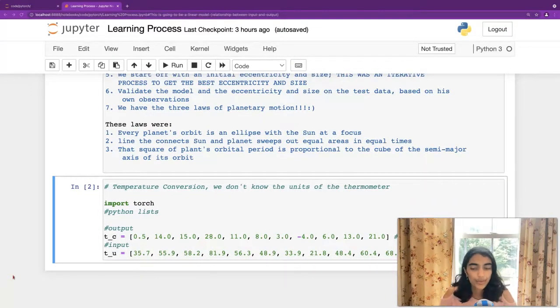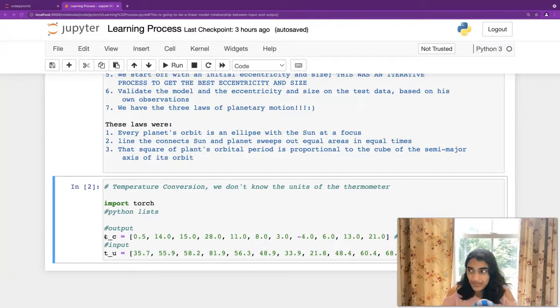And the example that we're going to be focusing on today is a temperature conversion sort of problem. So we have a thermometer, okay? And we're measuring the temperature over the course of time, maybe every hour or every 30 minutes or I don't know.